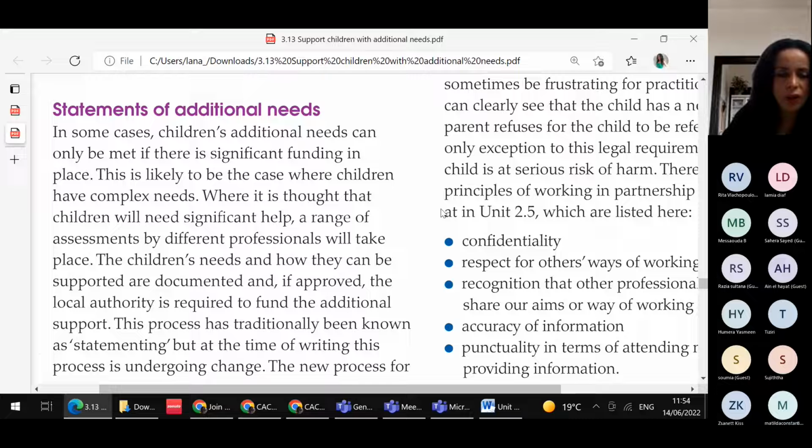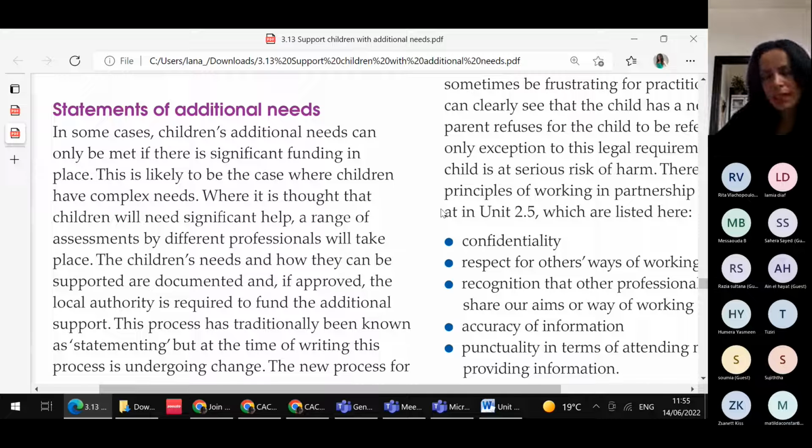Yeah, so there is a special statement of educational needs that needs to be filled in. For example, if the child has got complex needs, not only normal needs, maybe the child has got a bit more requirements, significant help they need, or a large range of assessments needs to be done for the child, or different professionals need to be contacted.